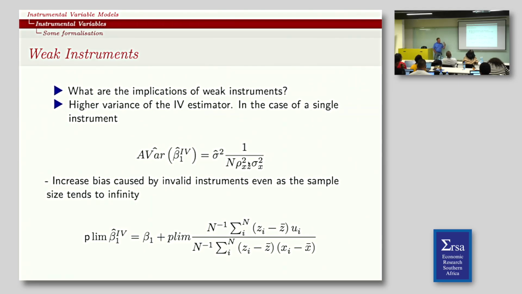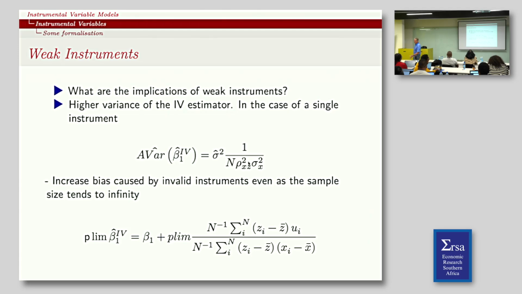That relates to this point here, which is having weak instruments. The weaker the instruments, weak meaning the correlation between x and z, the higher the variance in the IV estimator. And it can even increase the bias caused by invalid instruments, even in large samples.